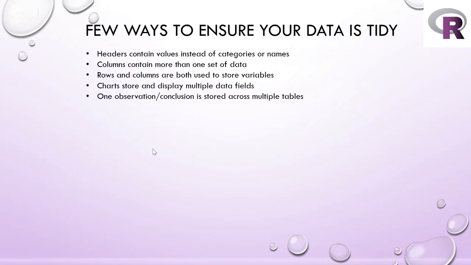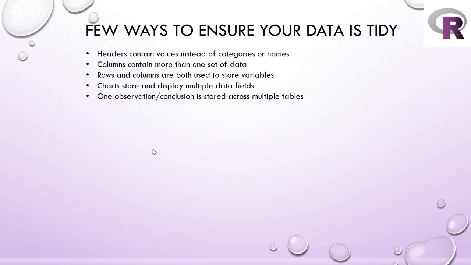For example, headers may contain some value instead of categories or names. Let's suppose we have header names from 1 to 20. Does it make any sense? No. So we would definitely like to make our headers more meaningful so that we can use them to make our data tidy and visualize as well.